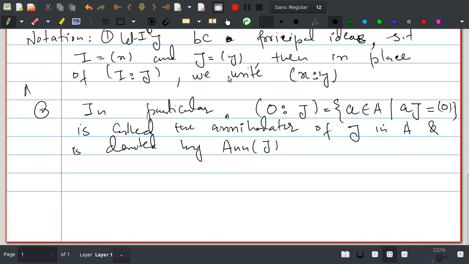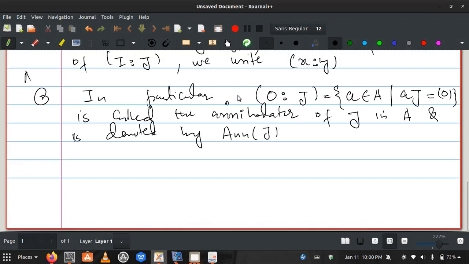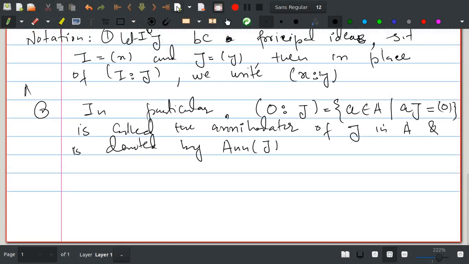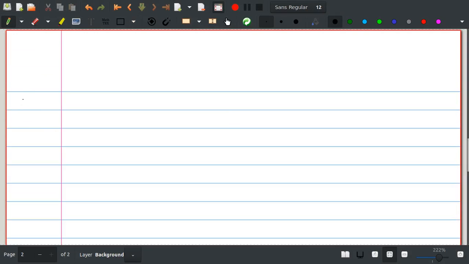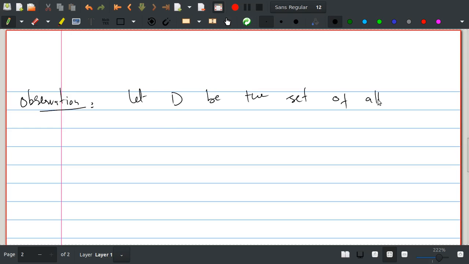So let us make an observation here. Let D be the set of all zero divisors in a ring A, suppose.